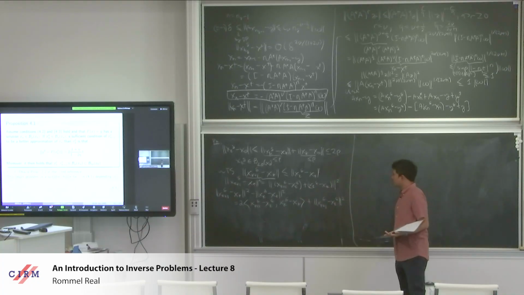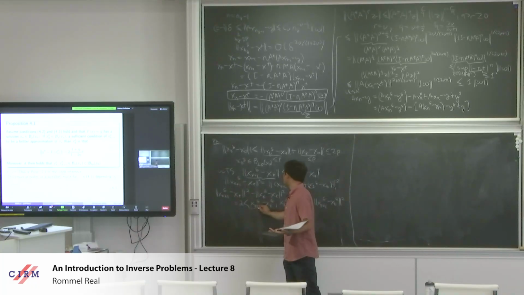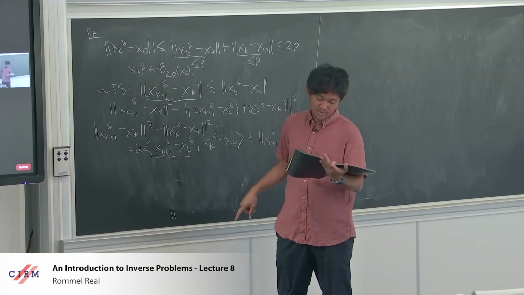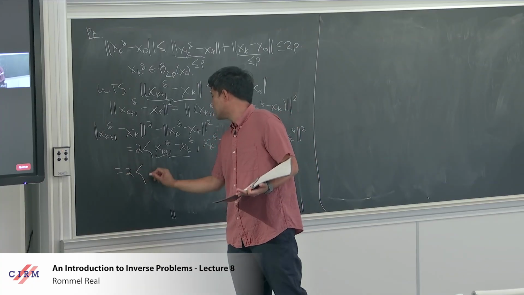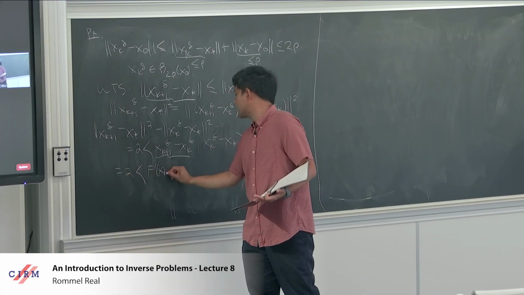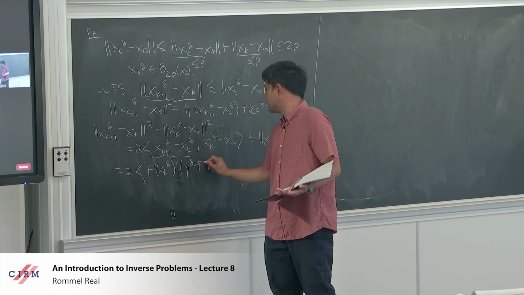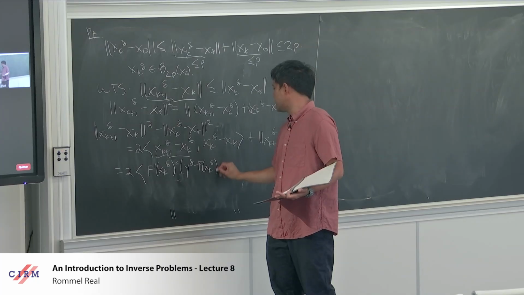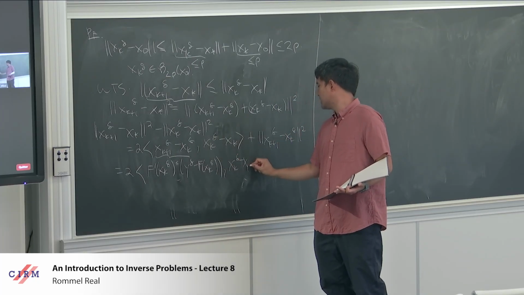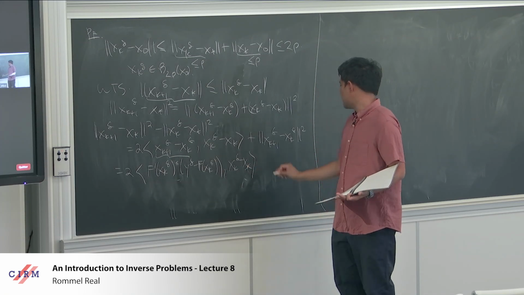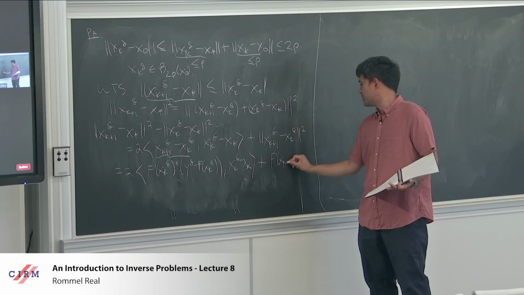Okay, now we apply the definition of Landweber iteration here. Okay, so we have this one, f prime of xk delta star times y delta minus f of xk delta. Then you have this one plus, also here we do the same thing, substitute.